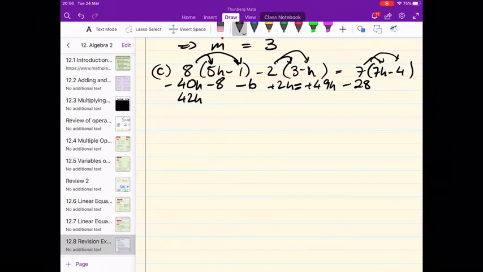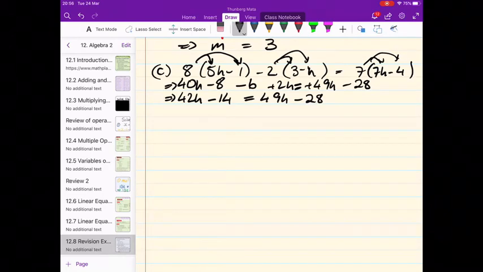So I have 40h plus 2h's is 42h. Then I have negative 8, taking away another 6, these are minus 14. And that's equal to 49h minus 28. So I want h's on the right and constants on the left.